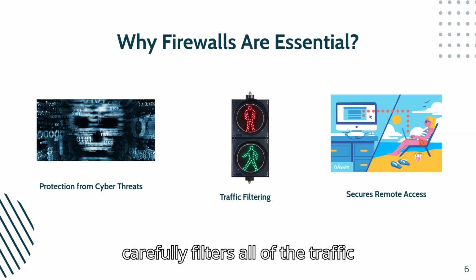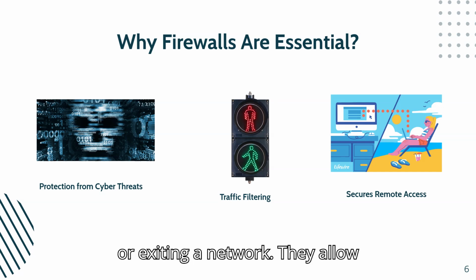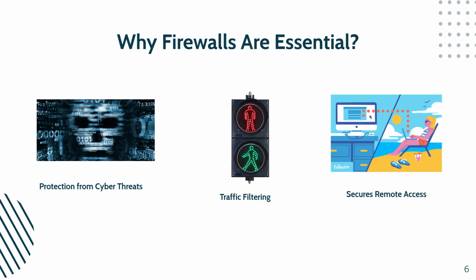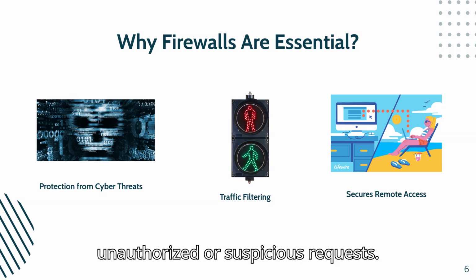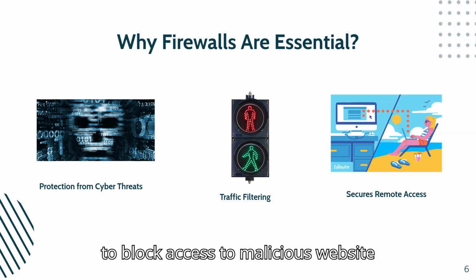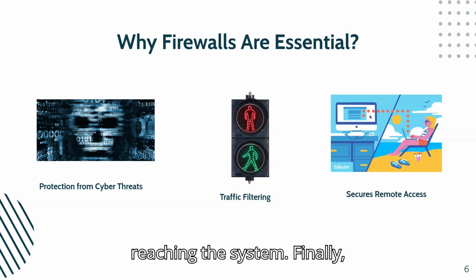Firewalls carefully filter all of the traffic entering or exiting a network. They allow only legitimate traffic while blocking unauthorized or suspicious requests. For example, a firewall can be configured to block access to malicious websites or stop unrecognized traffic from reaching the system.